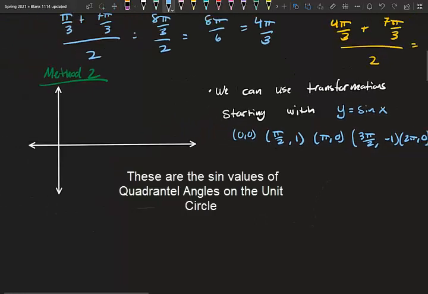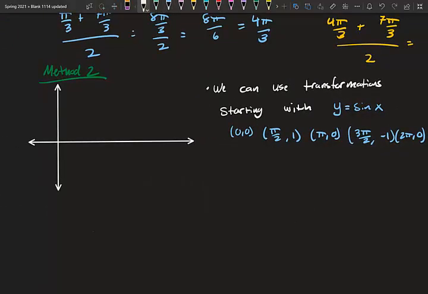So let's go ahead and graph that. We have our values of 0, pi over 2, pi, 3 pi over 2, 2 pi, and then we have our graph.